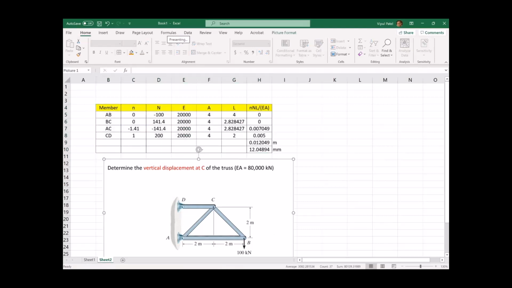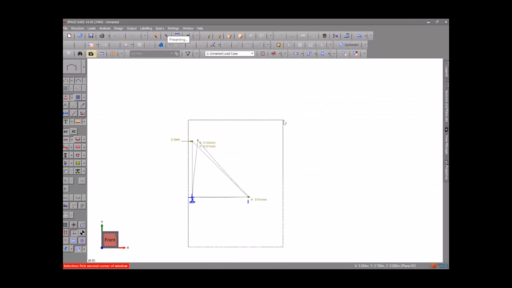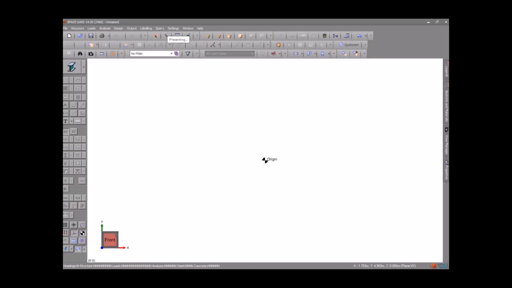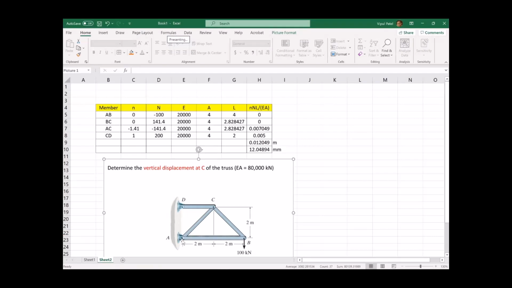Now I will show you the SpaceGass software as well. So we match these SpaceGass software calculations as well. So what we got here, let's start with here, 4 meters.